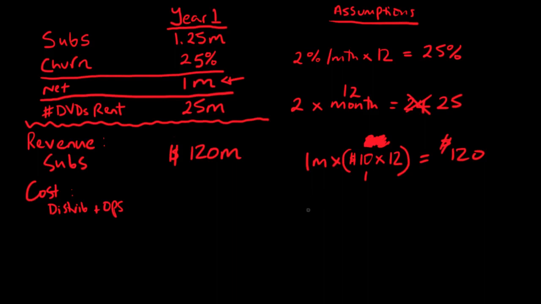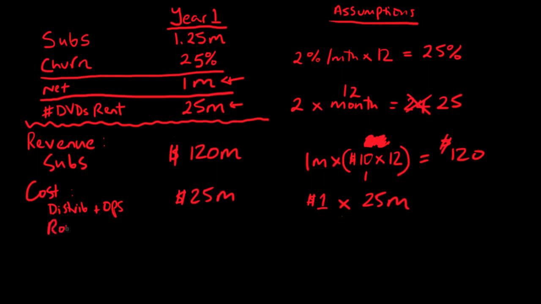What we assumed here is that each DVD costs $1 to store and then mail out and return. So if we assume $1 times the 25 million DVDs we rent each year, that gives us a cost of $25 million.